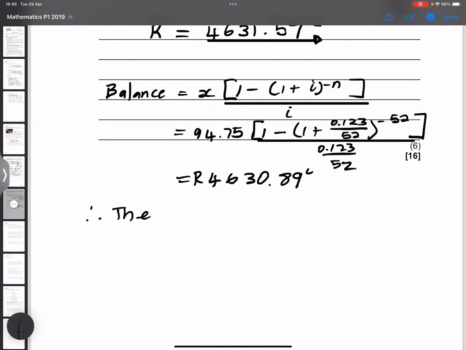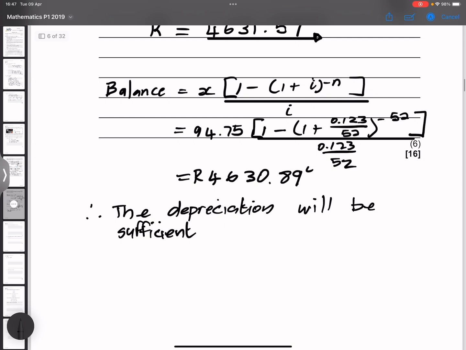So the depreciation value will be sufficient. Right, I hope that you understood that, ladies and gents. Really, these things are quite tedious, but, well, we are done. That's 16 marks in the bag as we go to the next question.